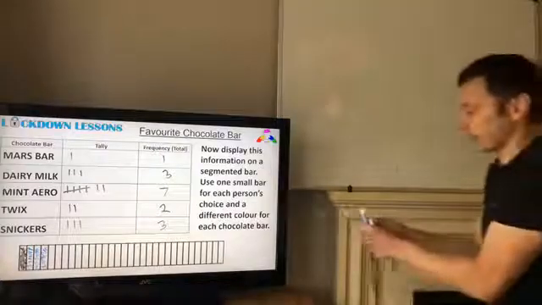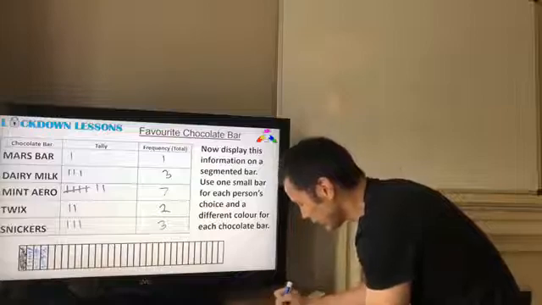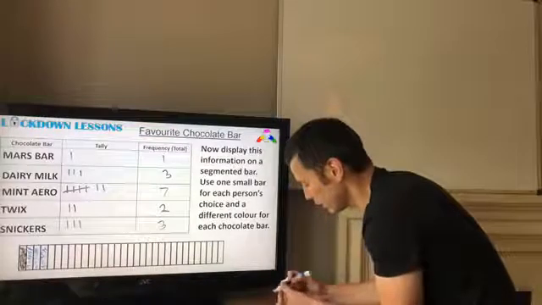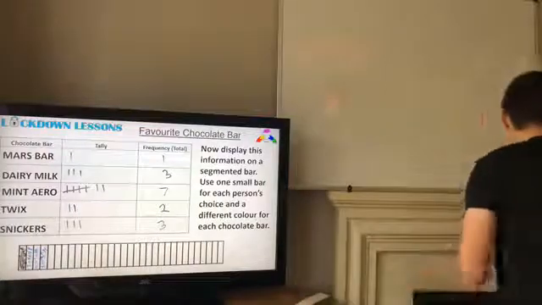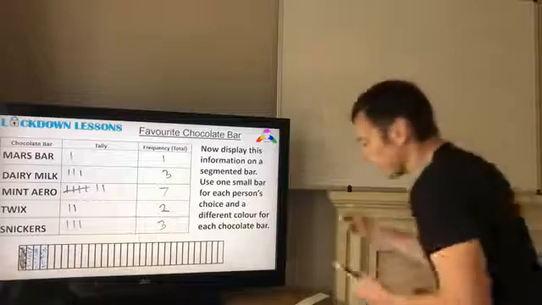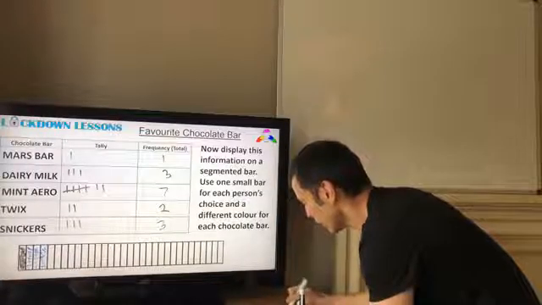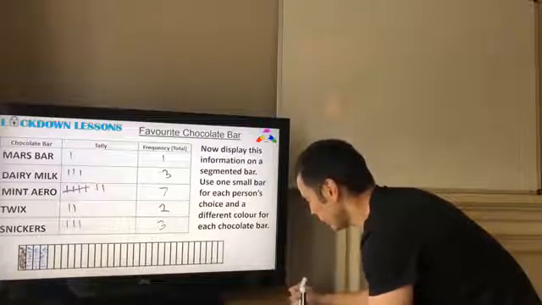And I have got a nice bar here as well for me to colour in. Well, green sounds sensible for mint Aero to me. 7.